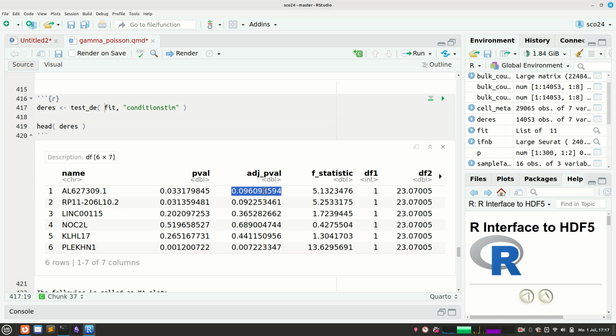Imagine we decide to make all those genes red which have a p-value below 0.05. Then even if there were no difference whatsoever, if the stimulation would just have been water, we would still expect 5% of the genes to be red. Because even under the null hypothesis, 5% of the p-values will be below 5%.